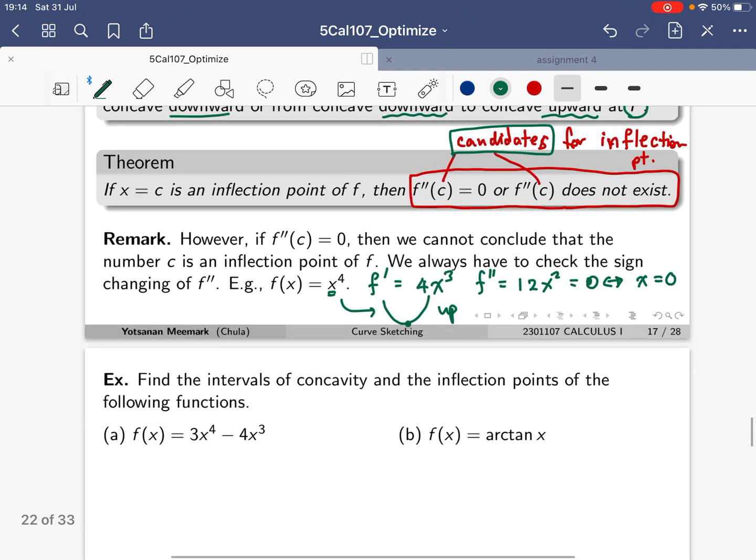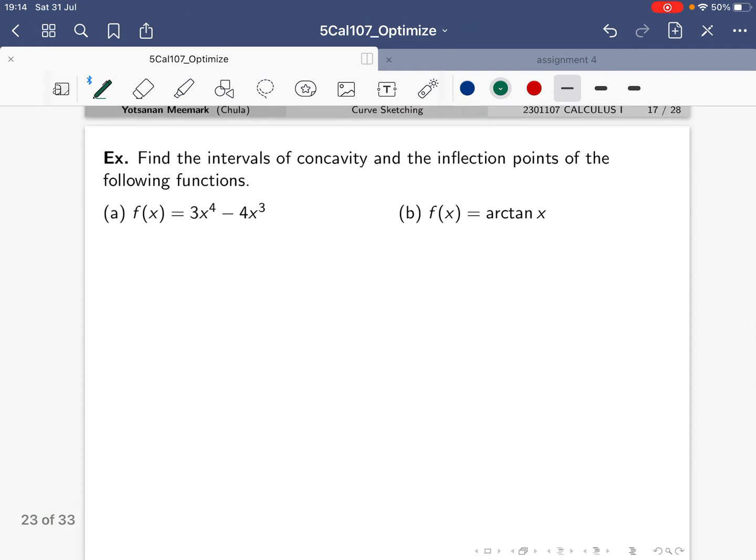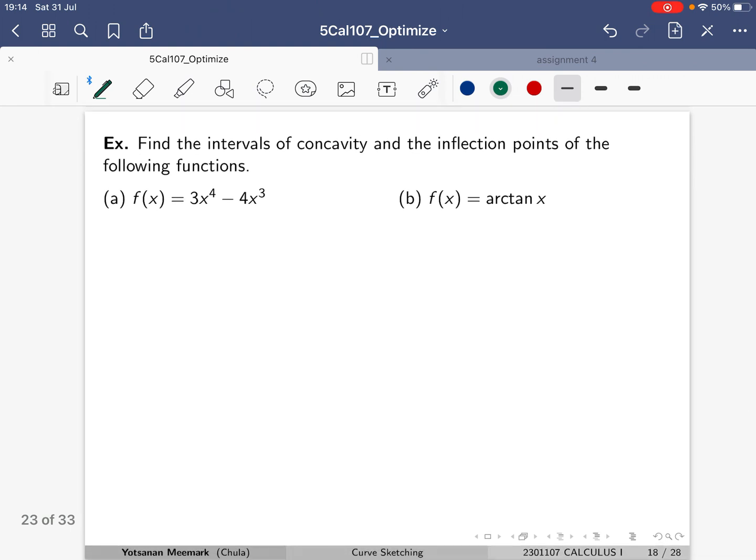Are we all right? So first of all, let us go through an example. If you have your f like this, find the intervals of concave up or concave down, and also the inflection points. Here your f prime is 12x cubed minus 12x squared.